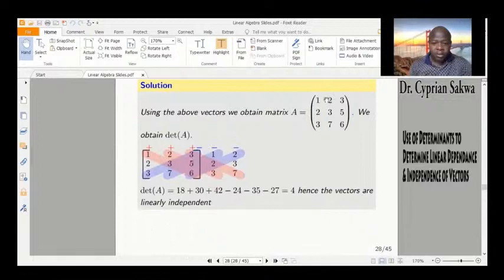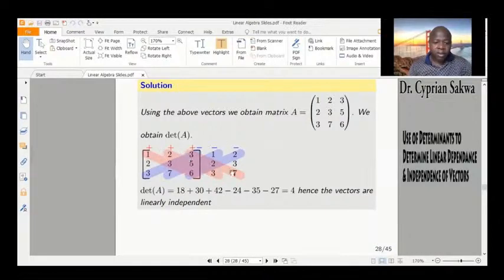Since this is a 3 by 3 matrix, the matrix is here: 1, 2, 3, 2, 3, 7, 3, 5, 6. Then I've taken the first 2 columns and added them here.